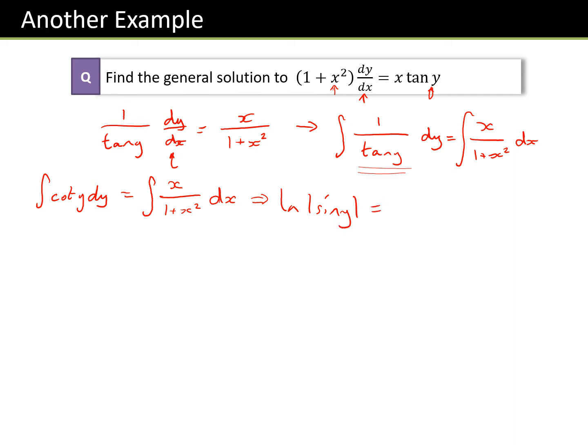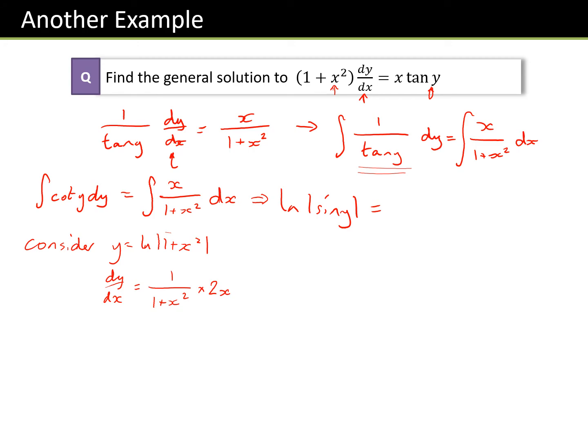Now the right hand side, I'm going to consider the answer natural log of 1 plus x squared. Now if we differentiate this, we'd get dy by dx is 1 over 1 plus x squared multiplied by the differential of this thing inside the natural log, 2x.